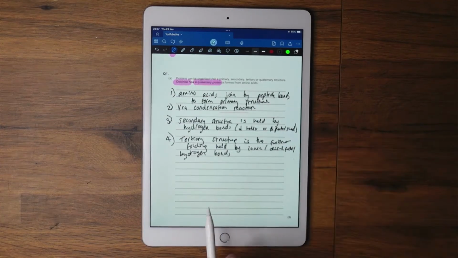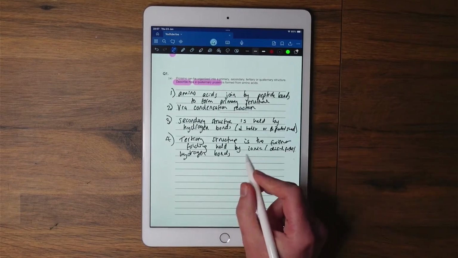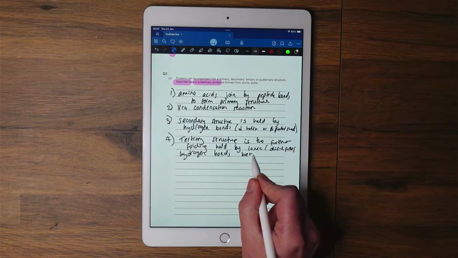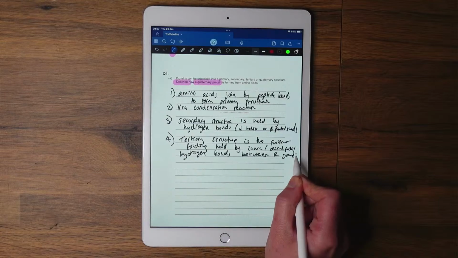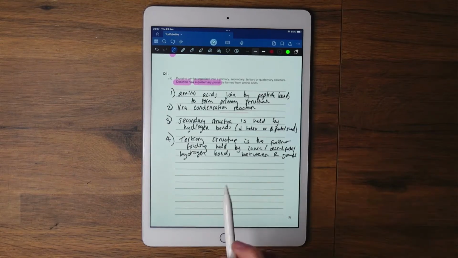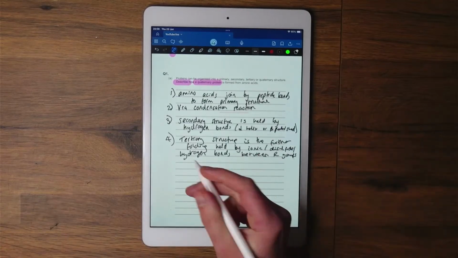I have actually seen in more recent exam papers that sometimes they insist that you say between R groups. So I'm going to add that in because that has come up more frequently. So that is the location of the bond. It's between the different R groups of different amino acids.